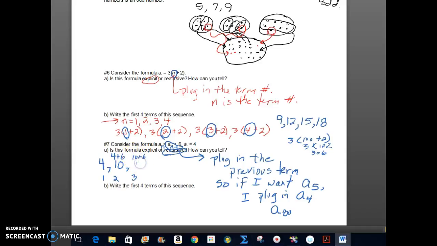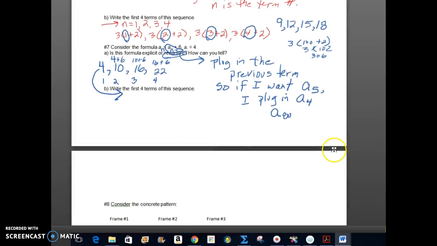I add 6, and I get 16. Fourth term, I plug in the third term, so that's 16, plus 6, and I've got 22. Right? For some reason, I decided to write in the wrong spot, and that's all right. Okay.